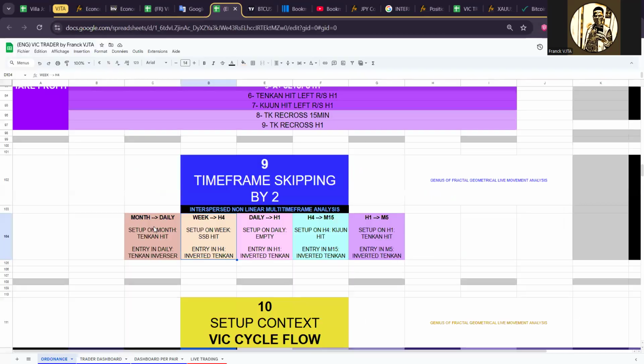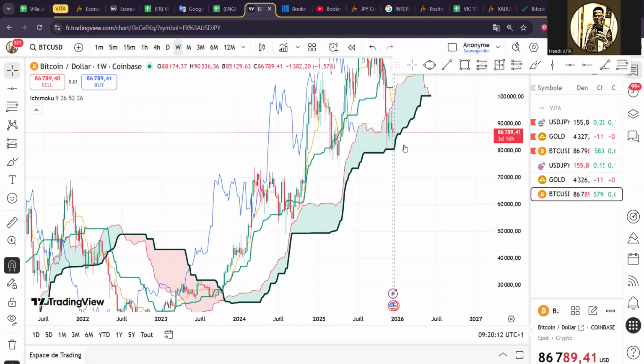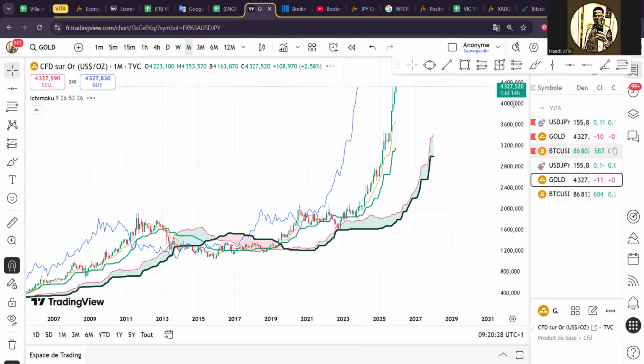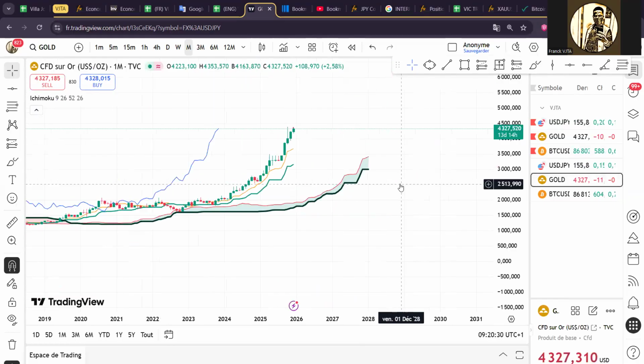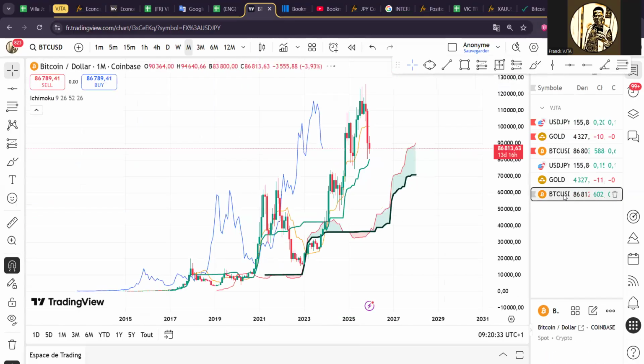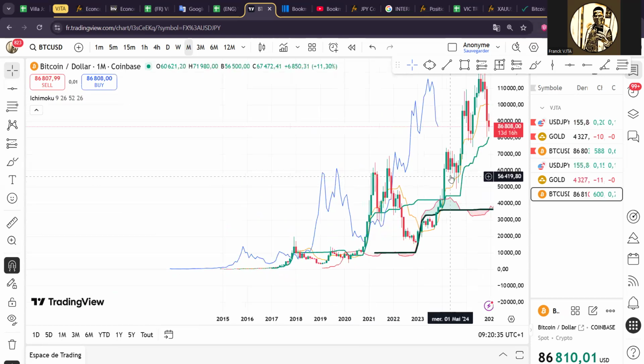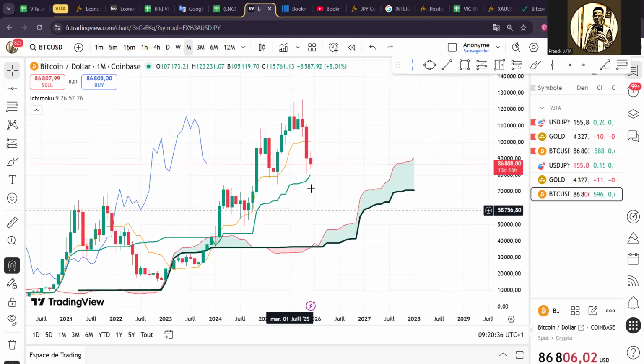So now let us do it for the monthly. For the monthly, you need to go and enter on a daily setup. You can do the monthly on gold. No, well, we will not have a good example. Let us do the monthly on Bitcoin.